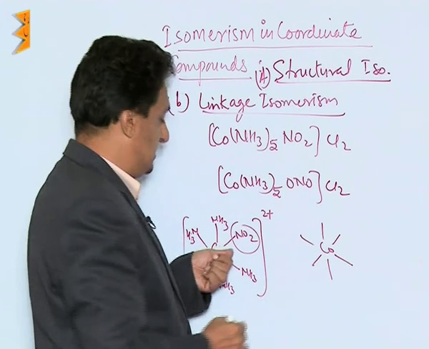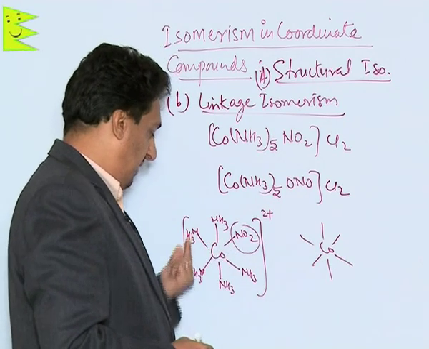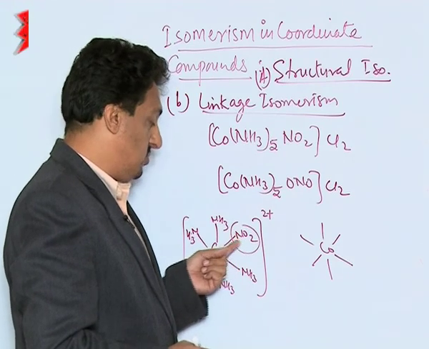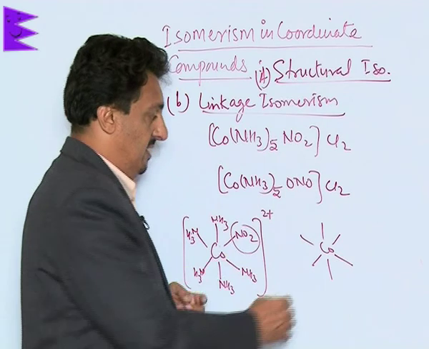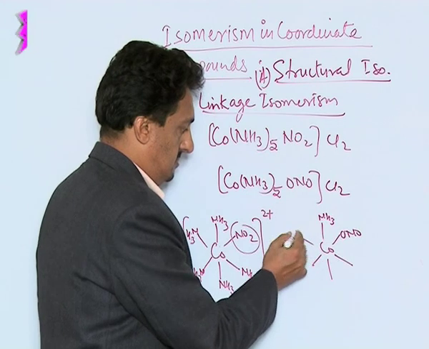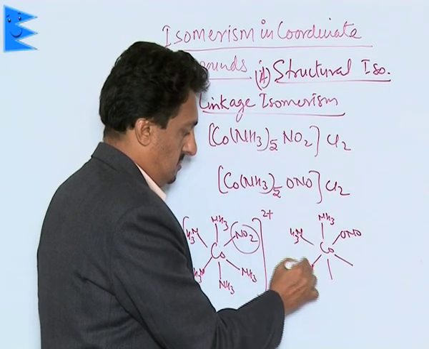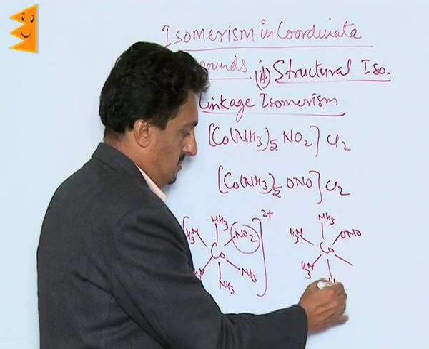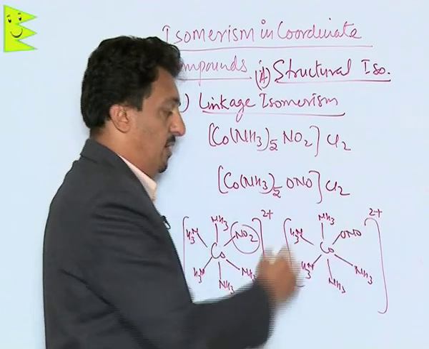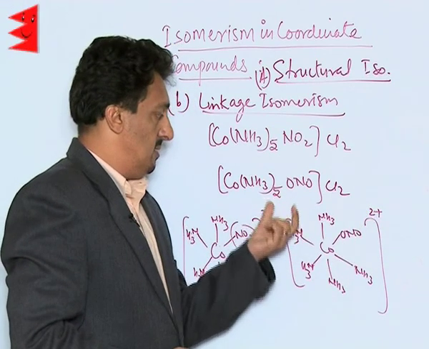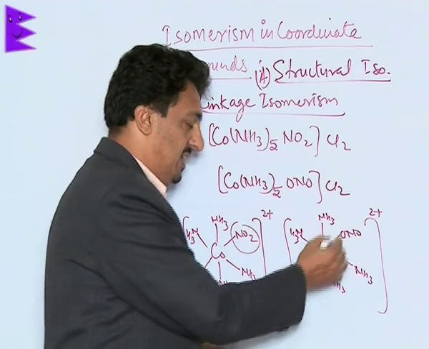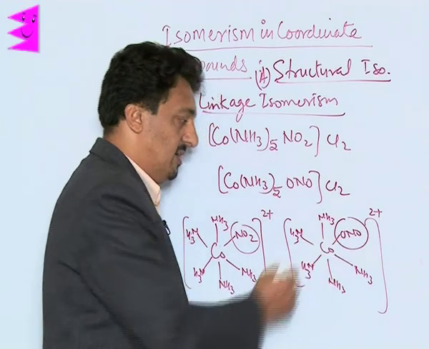So you can see in the first structure, there are 5 amine, it's fine. The sixth ligand, nitro, is attached to the cobalt through N, whereas this is the second type of the same compound's isomer, in which we find that the nitro group is attached to the cobalt through oxygen.